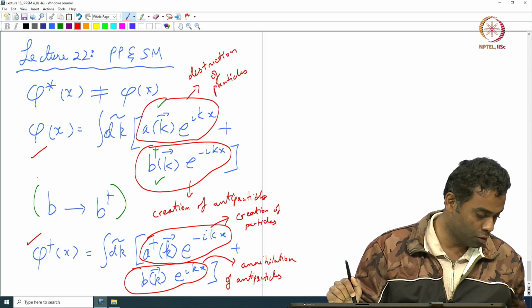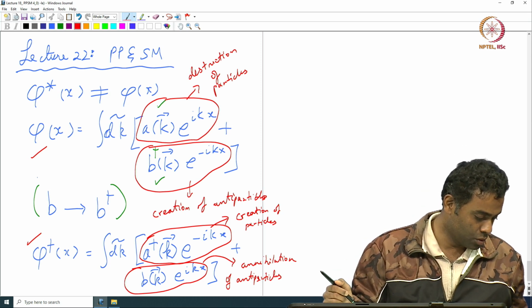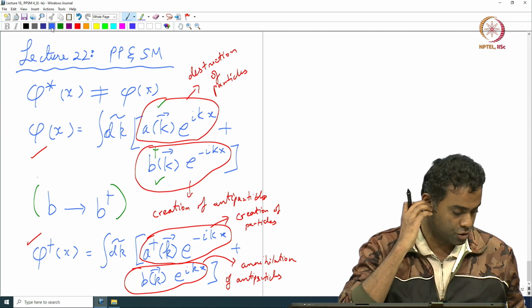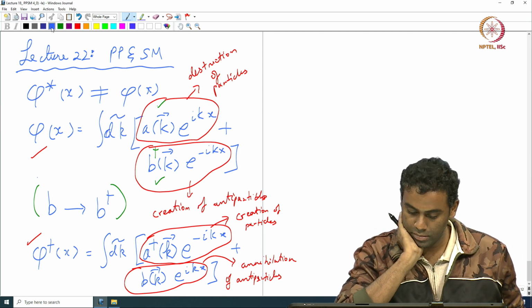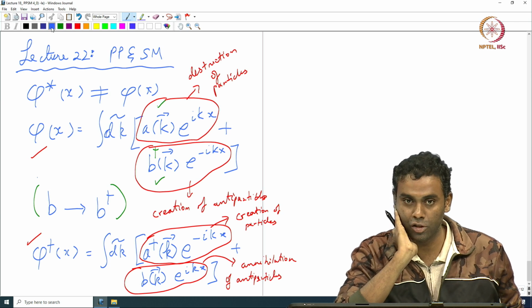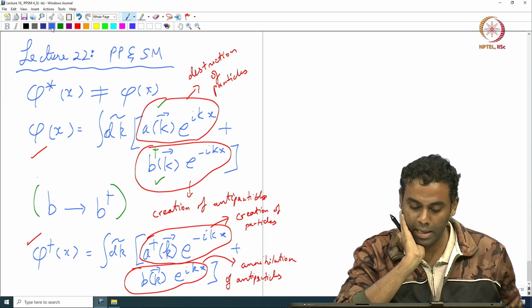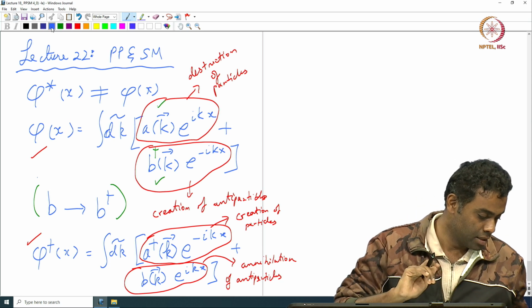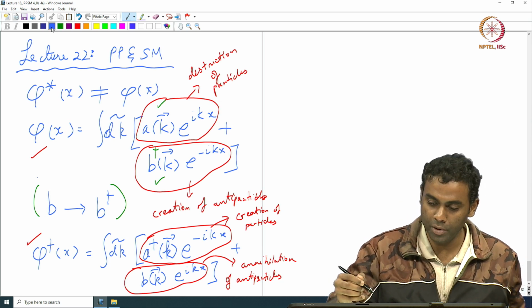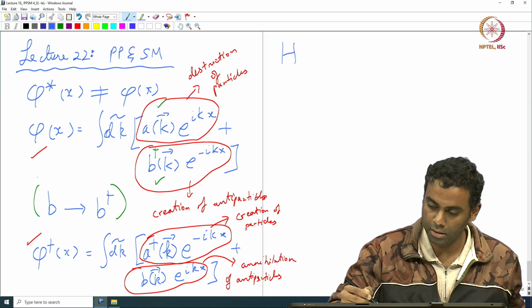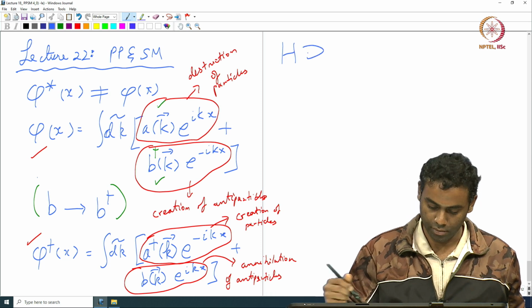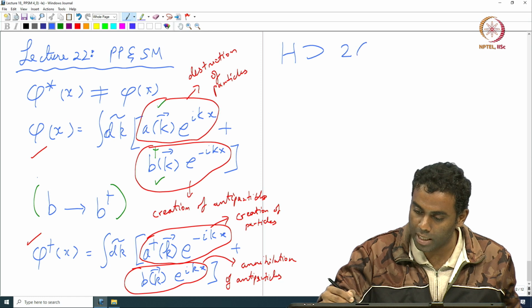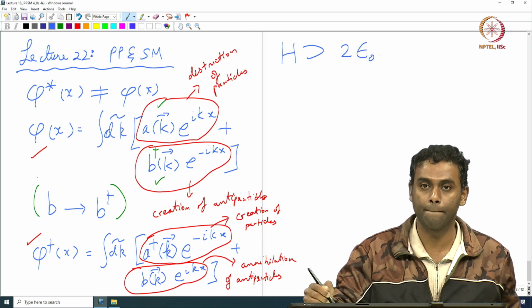One little comment I want to say here is that since you have two different degrees of freedom, they are in a sense distinct degrees of freedom, although they come together, you can embed both of them in the same field. Because of that, what would happen in the Hamiltonian is that at the end of the day, you will end up with a term that goes as 2 times the 0 point energy.